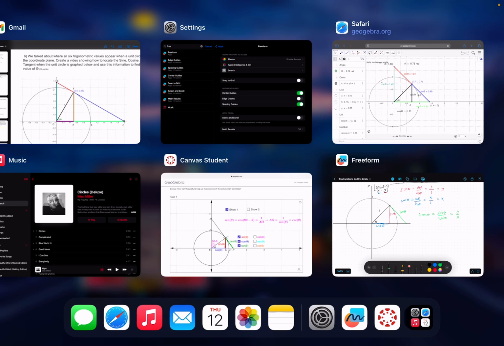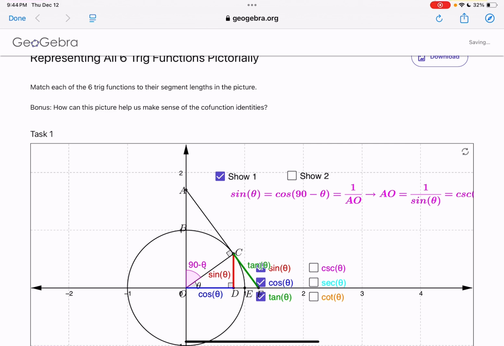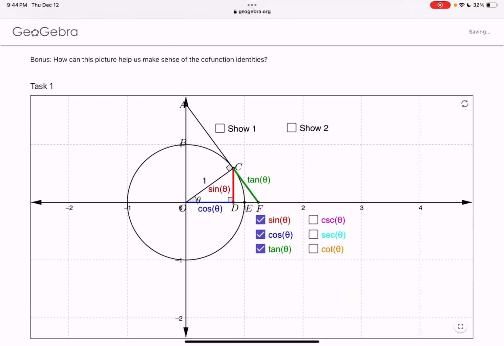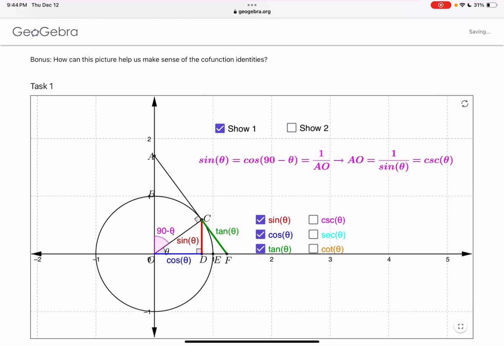But what about theta? What can we say about its values? And here I have another applet. This might be better to see where our cosine is, because if I check off the secant box, it just blocks it almost. But sine theta is equal to cosine of 90 minus theta.